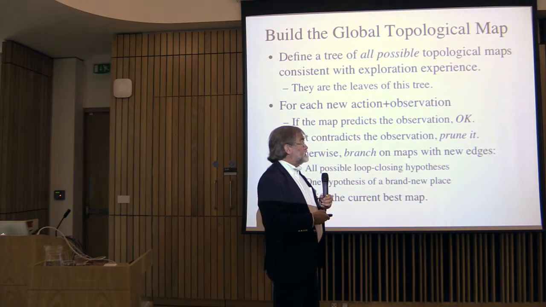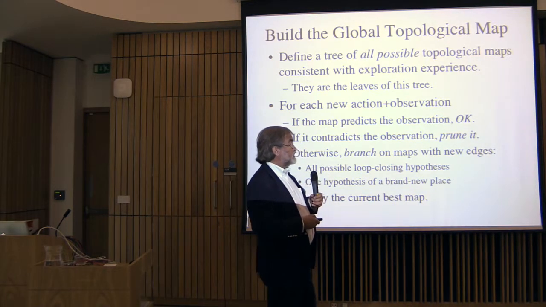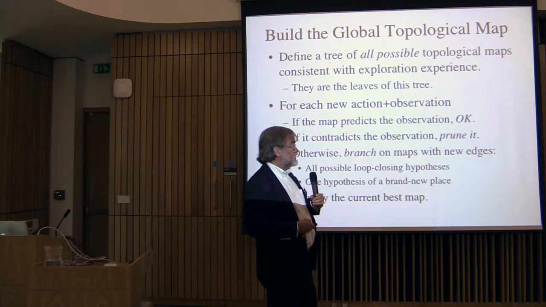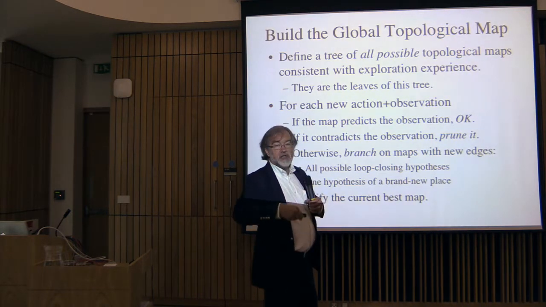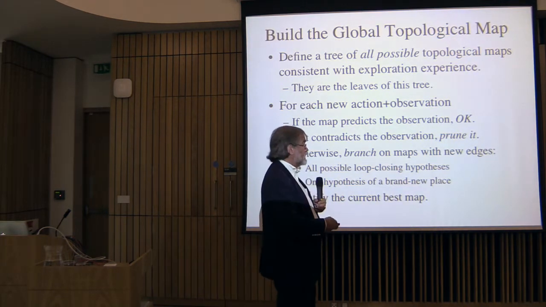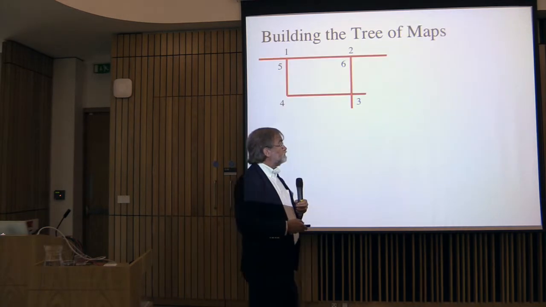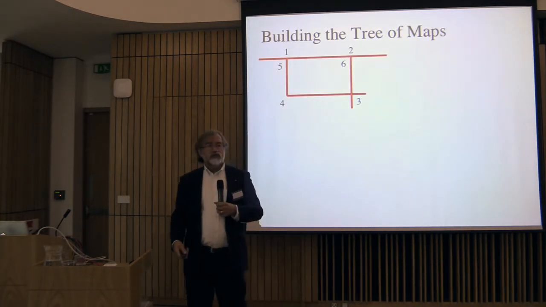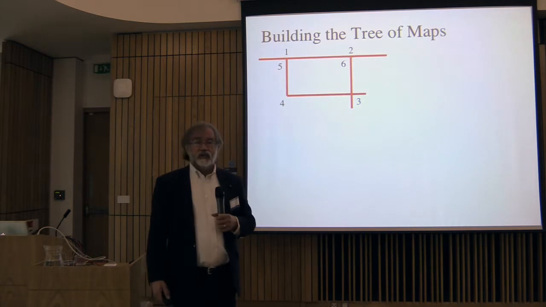But if this is new, there's no prediction and obviously no contradiction, then you have to extend the tree, so you branch on new edges, including all possible loop closing hypotheses, and there's always a hypothesis that you're in a brand new place. So I'm going to run through this. It'll be a lot clearer with an example.